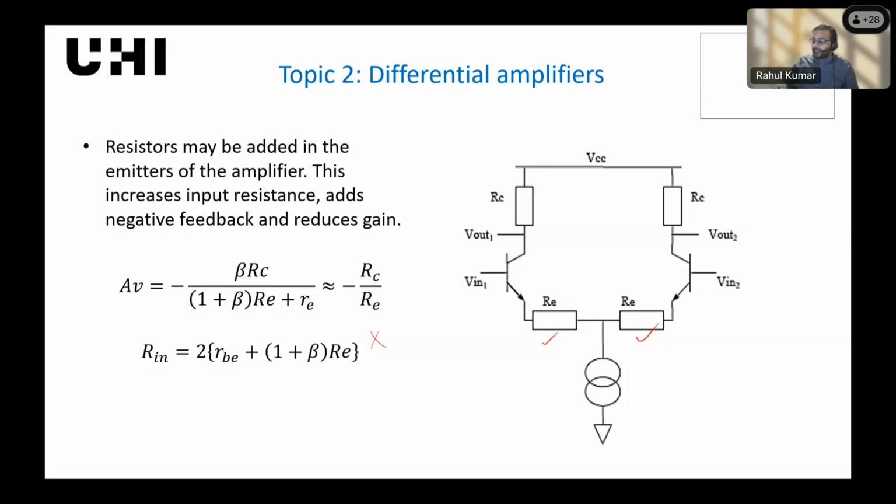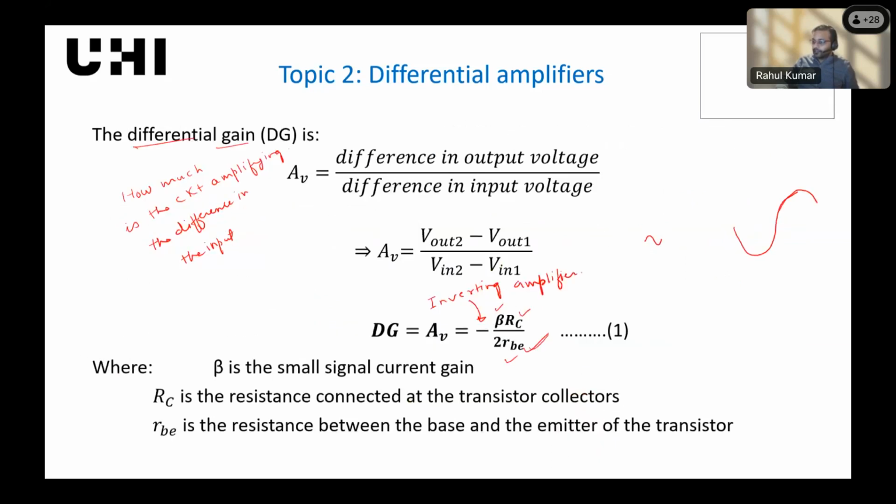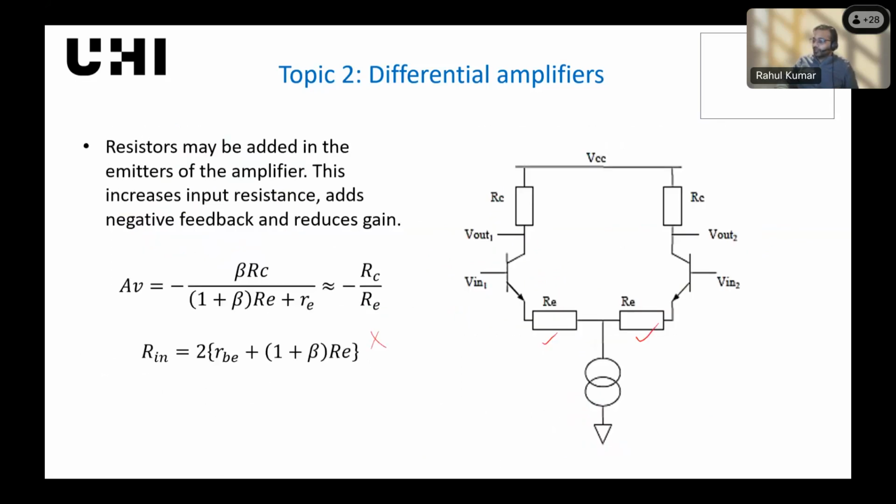I think only these basic formulas, if you remember: differential gain, common mode gain, and CMRR. These three formulas you will have to remember. It will not be given in the formula sheet. So you will have to remember the formulas. This one is not important.